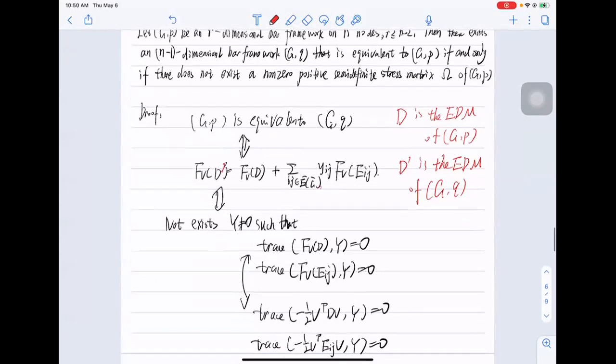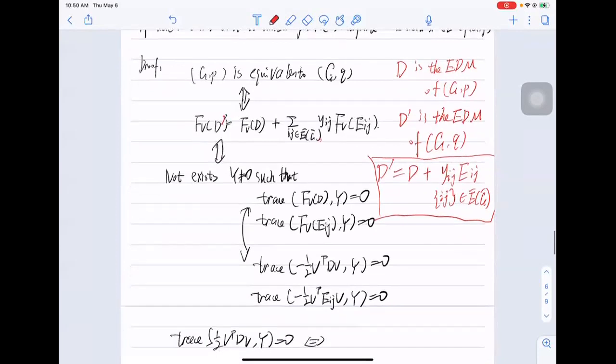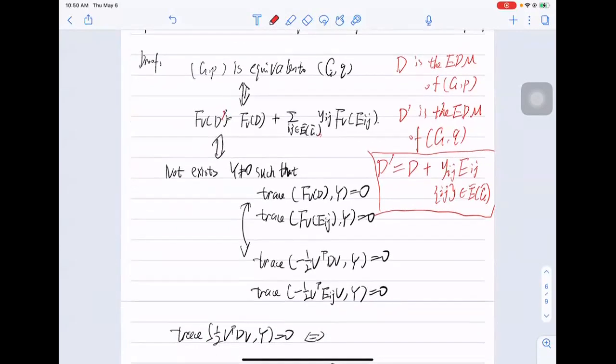This is because if GP and GQ are equivalent, then D bar is D plus some y_ij E_ij. All the distances in the graph are the same, so the difference is 0. The only difference is at ij in the non-edge set of the graph G. This is very easy to see, right?